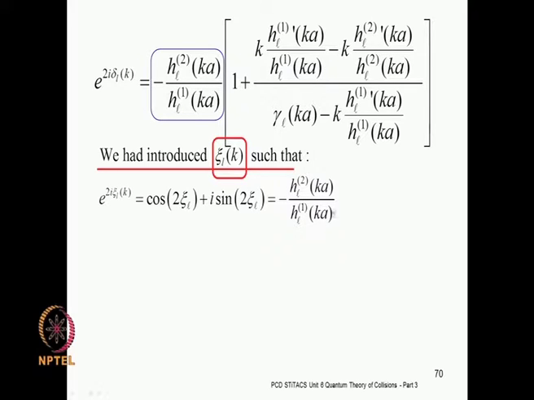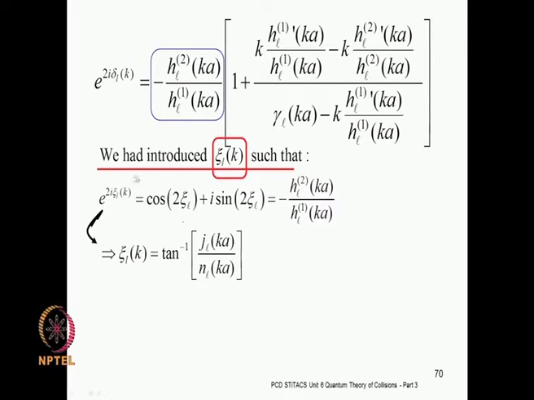The ratio of these two Hankel functions with a negative sign is what gives us this ratio. This ratio is then indicated in terms of this angle xi, and the phase shift is now separated into two factors, one of which is this exponential function of modulus 1.